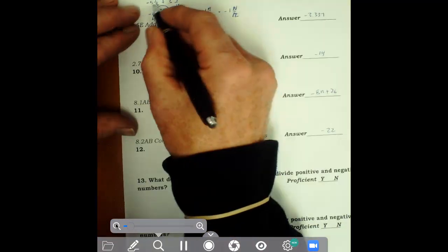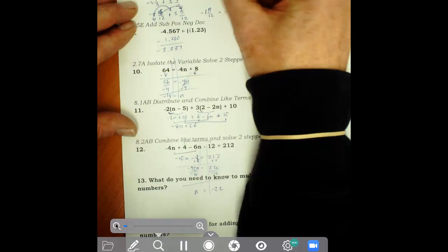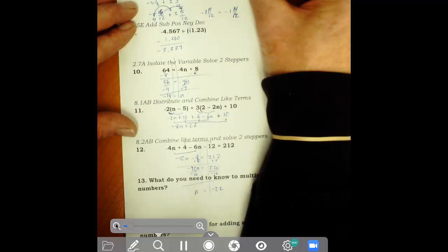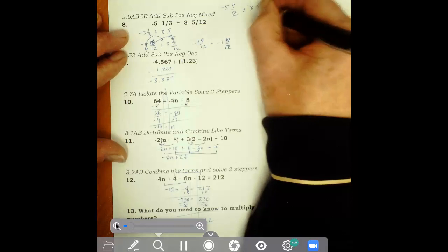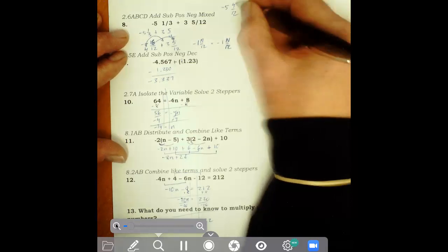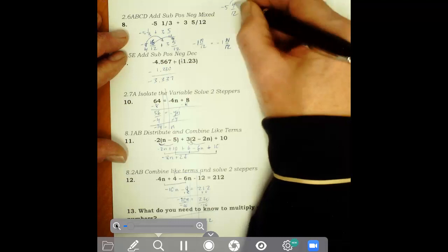On the back side here, most kids miss this trade. It's negative 5 1/3 plus 3 and 5/12. So when you rename these, you rename this as negative 5 and 4/12 plus 3 and 5/12. You can take 5 minus 3, but you can't do 4 minus 5.